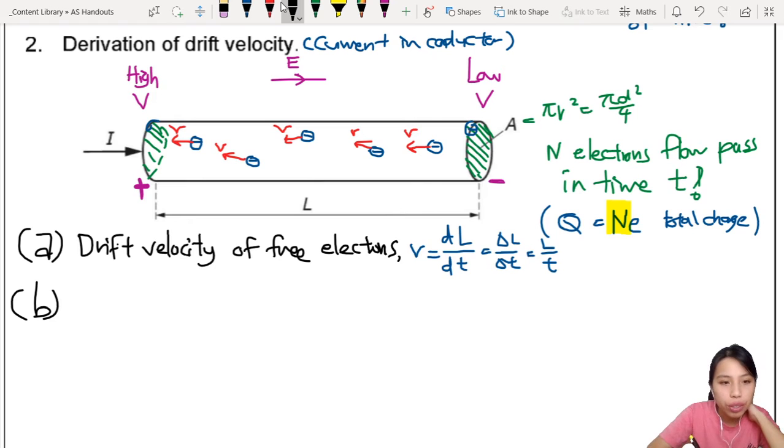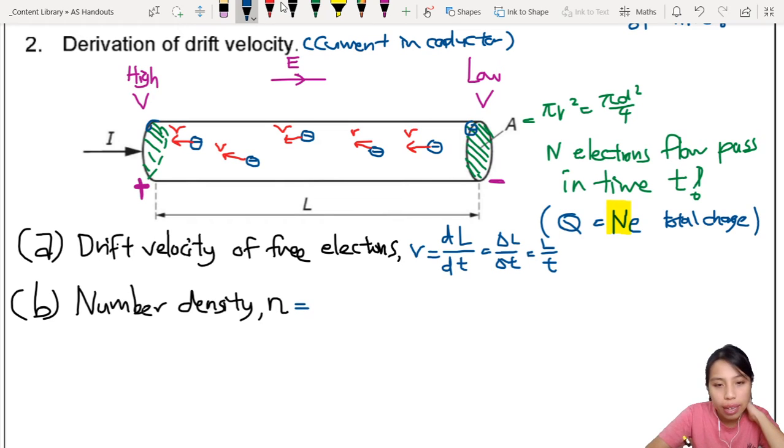We could define a way to calculate how many electrons there are. Sure, let's throw that in. This is what people created, and we call this the number density. This is the squiggly line n that we use. And n is the number of free charge carriers, or electrons in this case, divided by a unit volume.